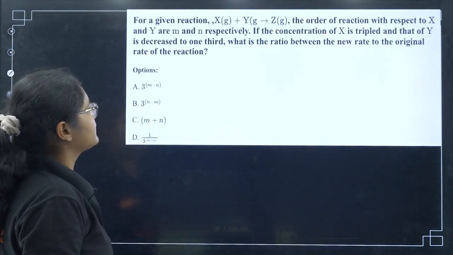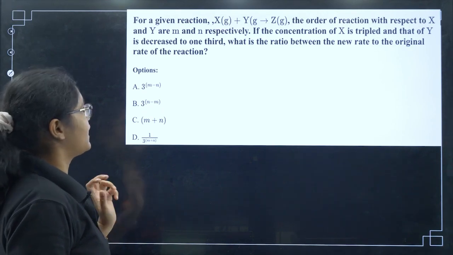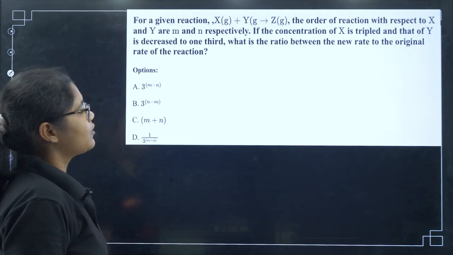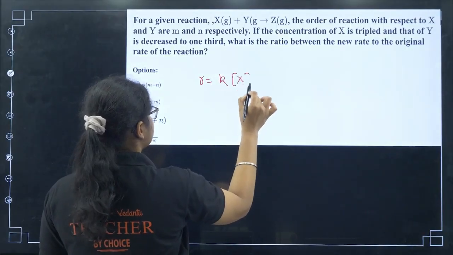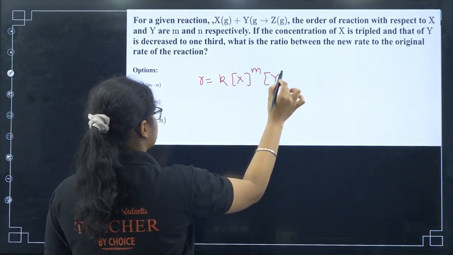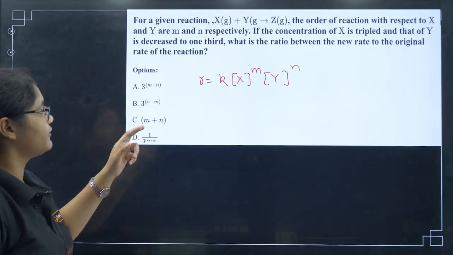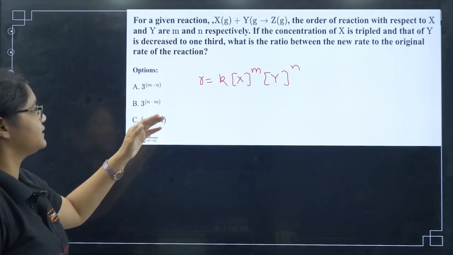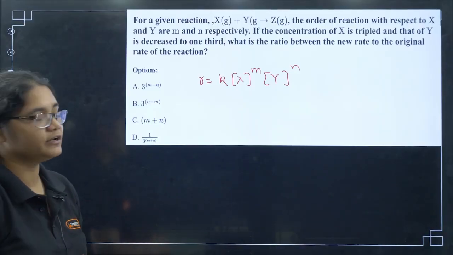Next, for a given reaction X plus Y giving Z, the orders of the reaction with respect to X and Y are m and n respectively. If the concentration of X is tripled and that of Y is decreased to 1/3, what is the ratio between the new rate and the original rate?